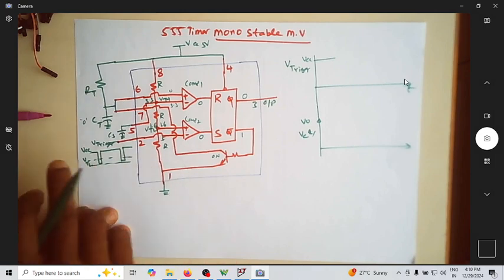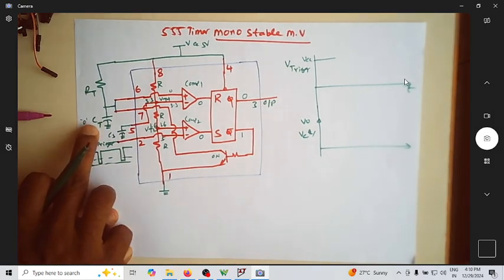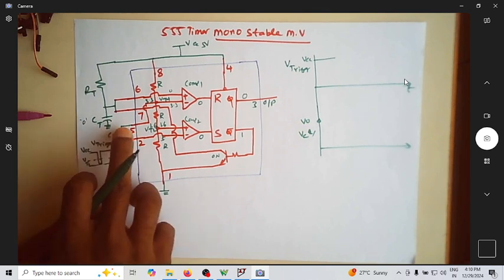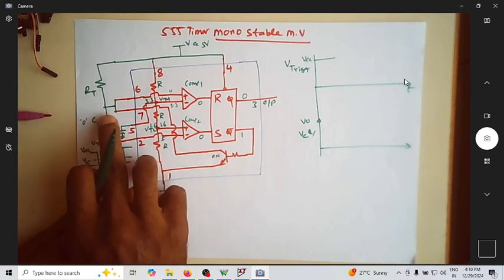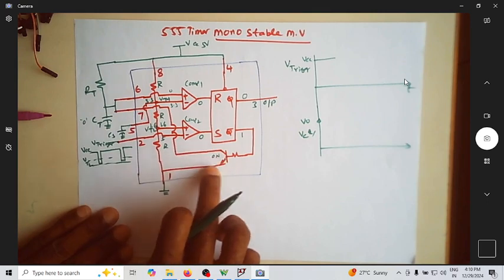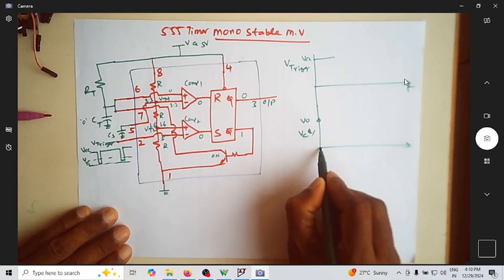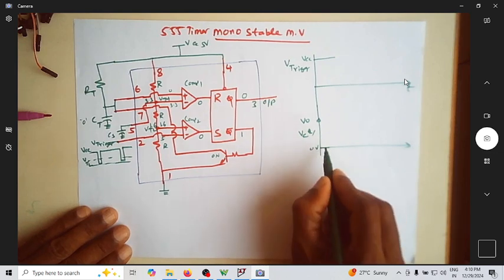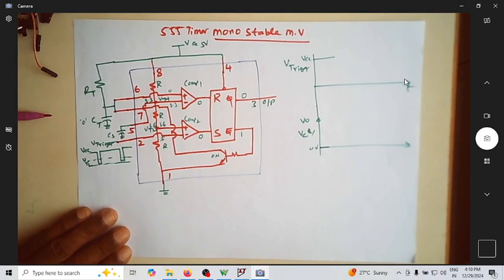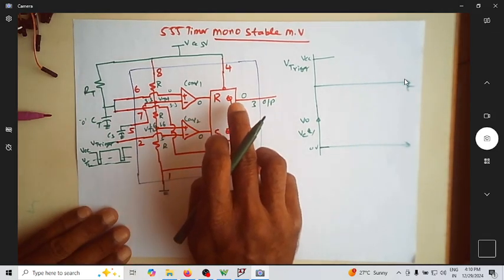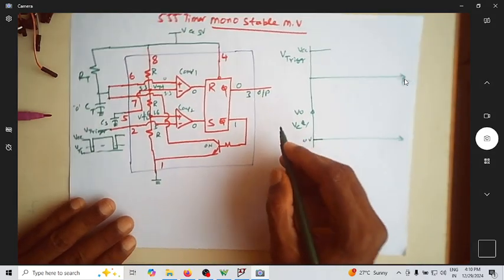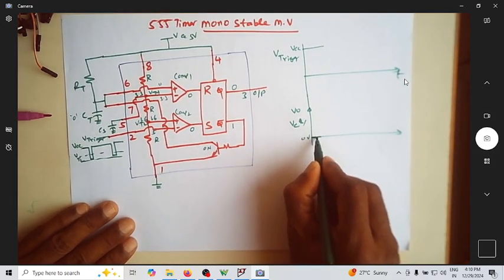So our assumption of capacitor voltage 0 is valid, because when this transistor is on, it will discharge through this transistor to ground. So when your capacitor voltage is 0 volt, your output is also 0 volt. So now output remains at 0.